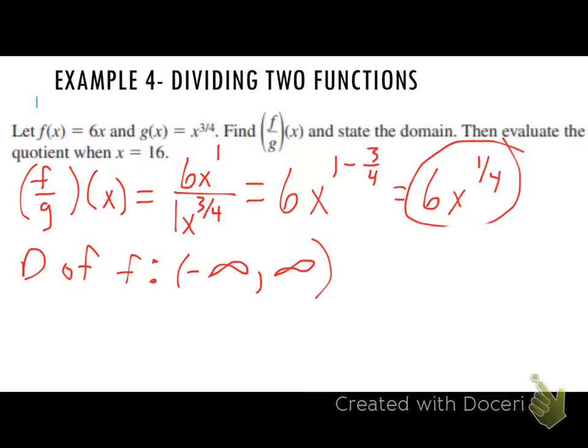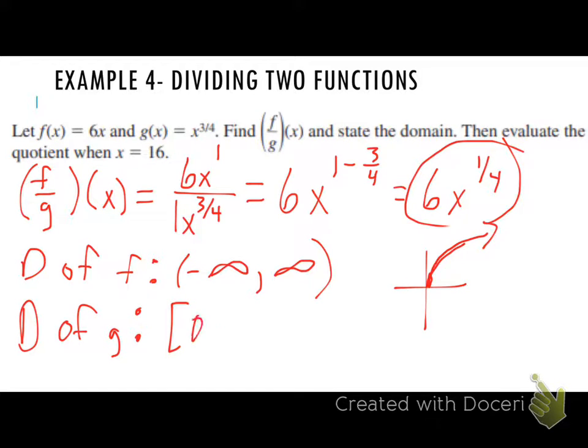X to the 3/4, that'd be a fourth root function, which looks very similar to a square root function. So it'll look something like this. So what would be the domain of that? 0, where 0 is included, to infinity.